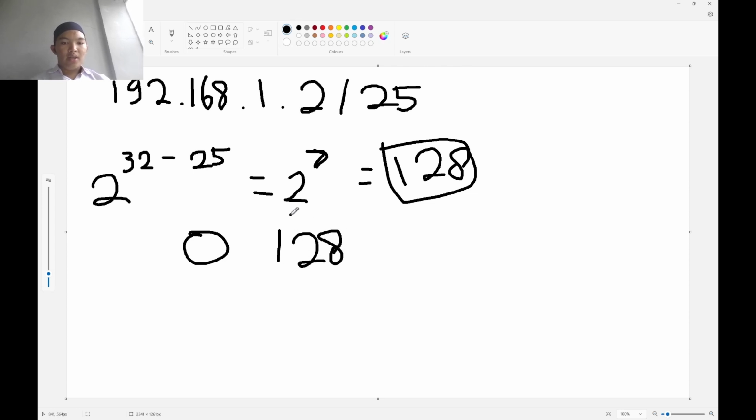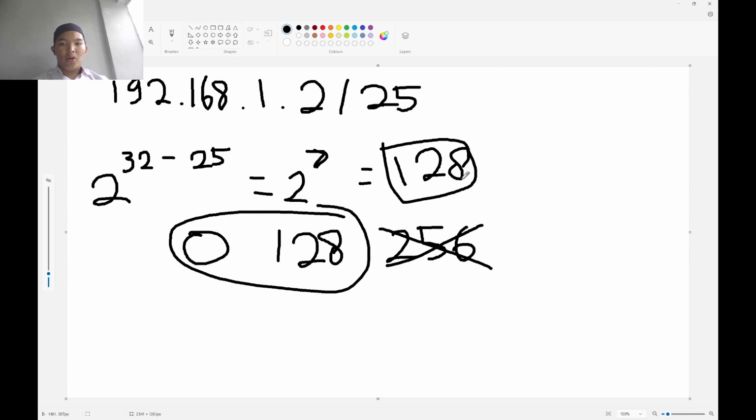This is the first IP in the second group. Then 128 plus the total hosts again means 256, because IP addresses only go up to 255, so there is no third group. There are only 2 groups, or 2 subnet blocks.